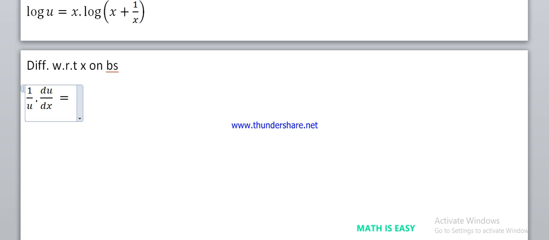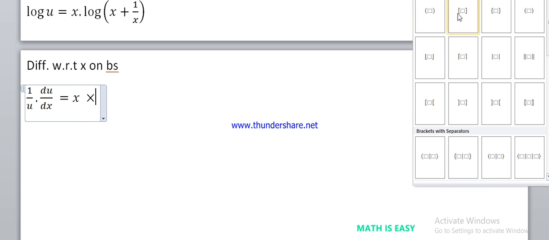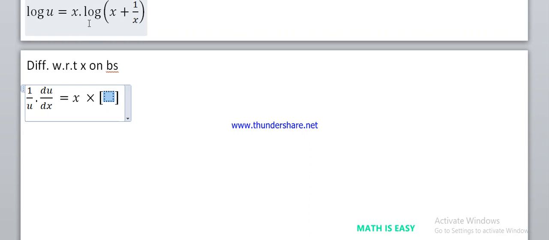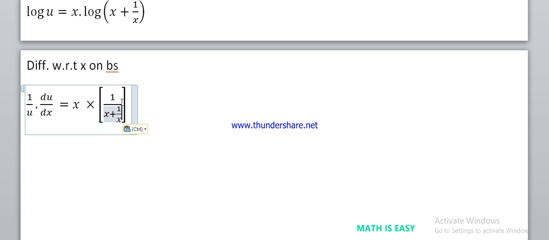The uv formula is u, that is x, into derivative of this term, derivative of log of x plus 1 by x. If I take x plus 1 by x as theta, derivative of log theta is 1 upon theta. 1 upon theta means 1 upon x plus 1 by x.